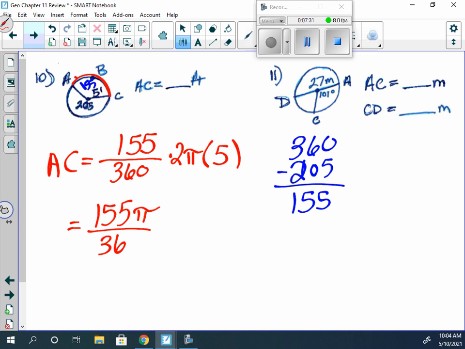Yes. Is 2 pi what? Because this here is part of what part of the formula? It's part of the circumference. Circumference is what? R is R. That's the radius of the circle for this one here.